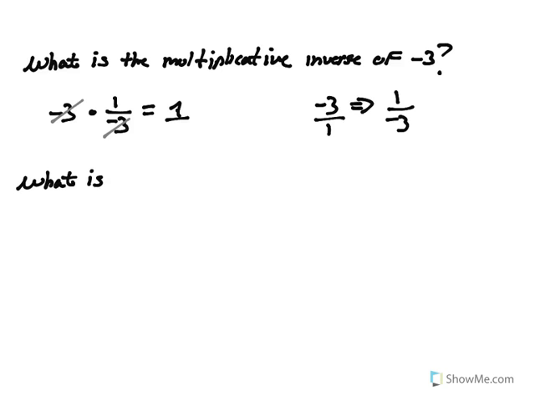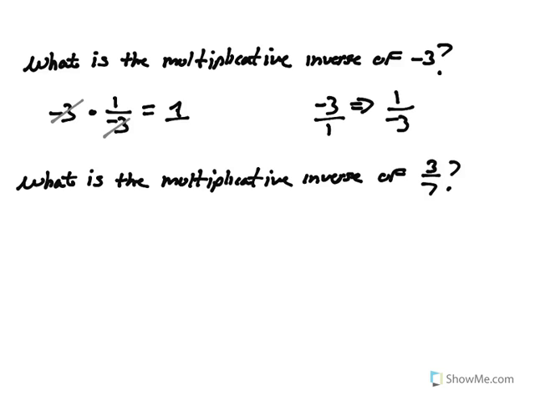What is the multiplicative inverse of 3 over 7? We're going to take 3 over 7 and multiply it by the inverse.